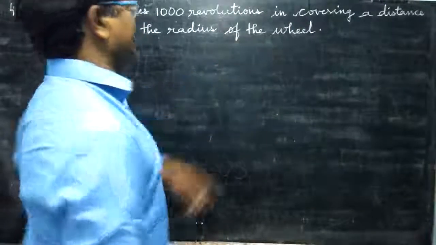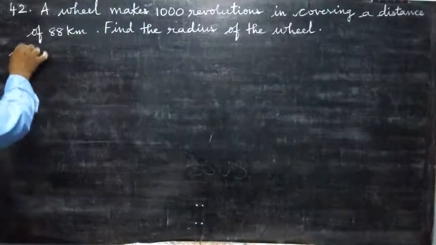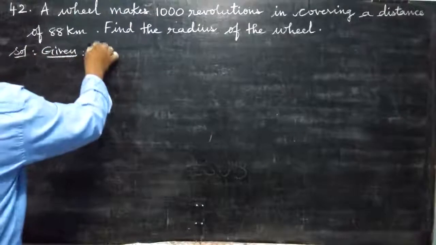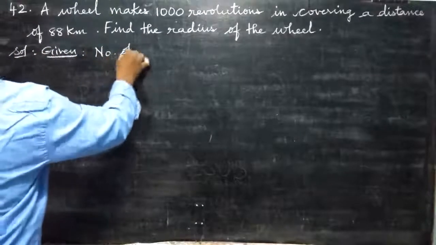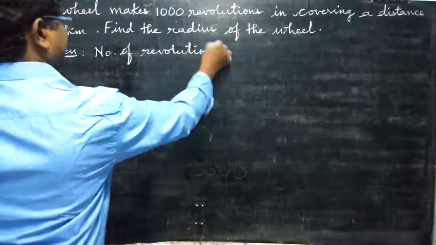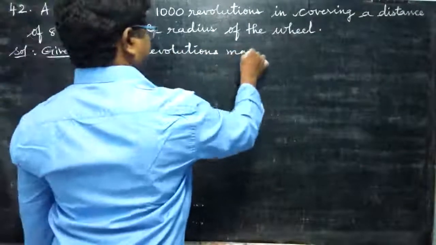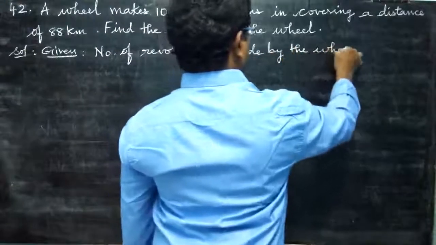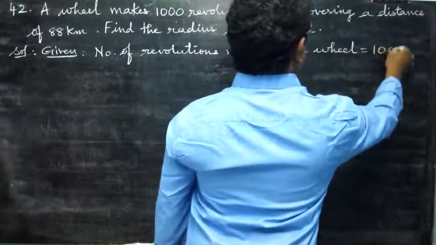42nd problem. A wheel makes 1000 revolutions in covering a distance of 88 kilometers. Find the radius of the wheel. Solution given. What is given in the problem is the number of revolutions made by the wheel, how much? 1000 revolutions.